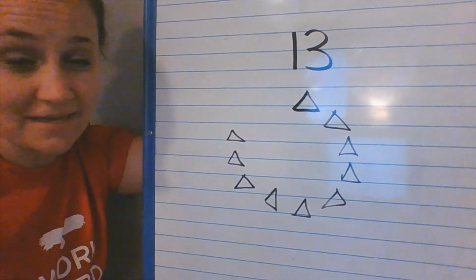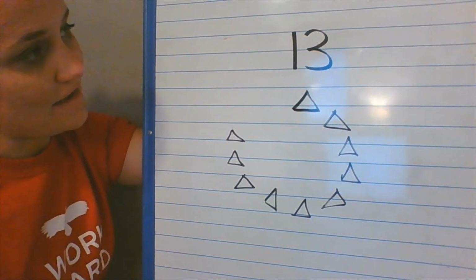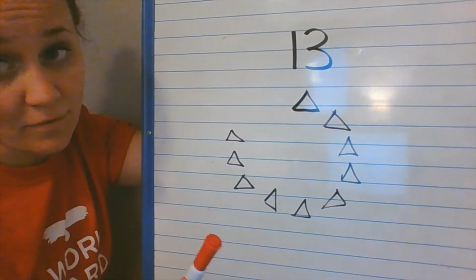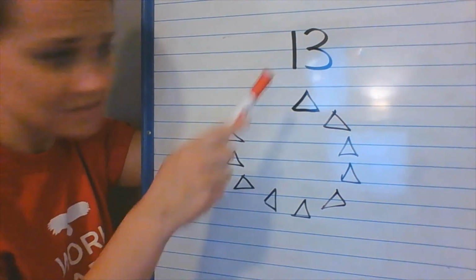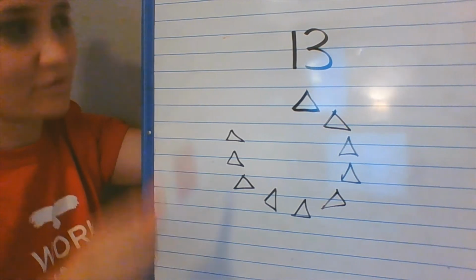Sometimes you'll see something like this, where it's a circle but it's incomplete. And they'll ask you to draw more to make this number. What's this number? Good. Now let's count to see how many we have already.